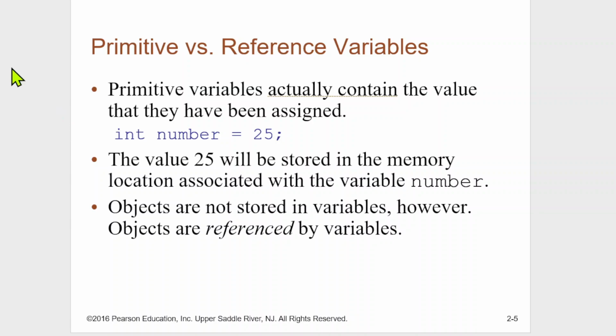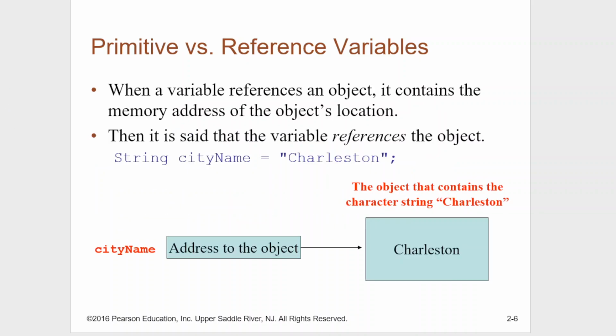So, primitive versus reference variable. Primitive variables actually contain the value that they have been assigned. So number equals 25: the value 25 is stored in the memory location associated with that variable, number. Objects are not stored in variables, however. Objects are referenced by variables. When a variable references an object, it contains the memory address, the object's location.